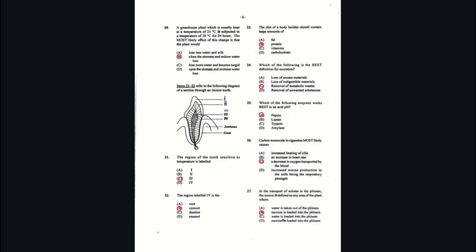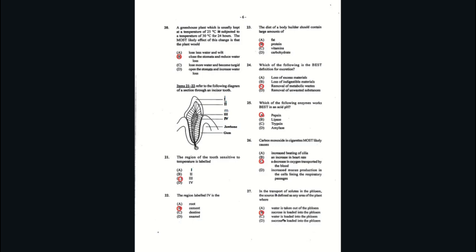And then number 27, in the transport of solutes in the phloem, the source is defined as any area of the plant where sucrose is loaded into the phloem, right? Sucrose is loaded into the phloem. And this kind of reminds me of the phloem theory or the translocation theory, whatever you call it.